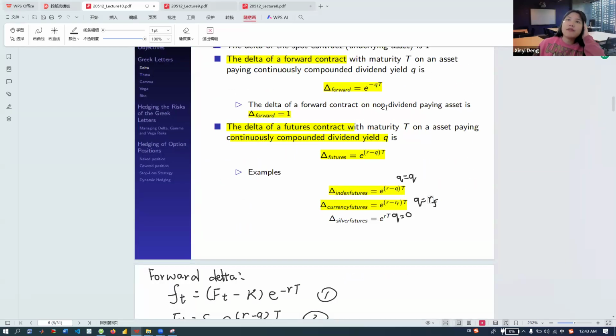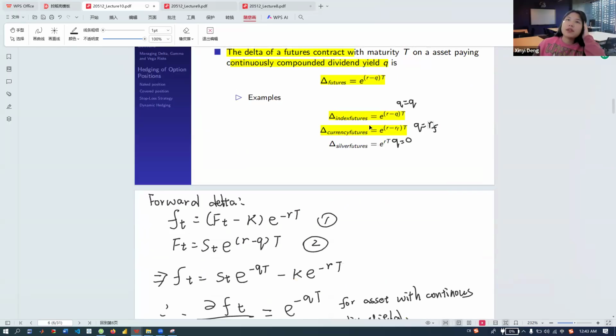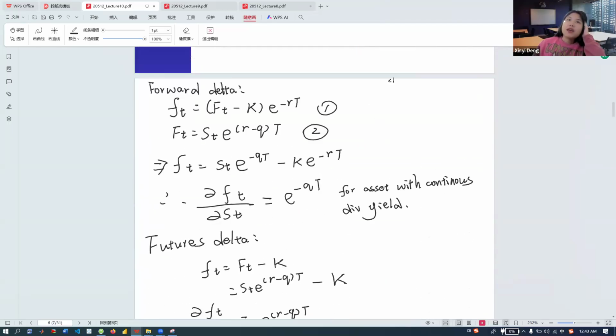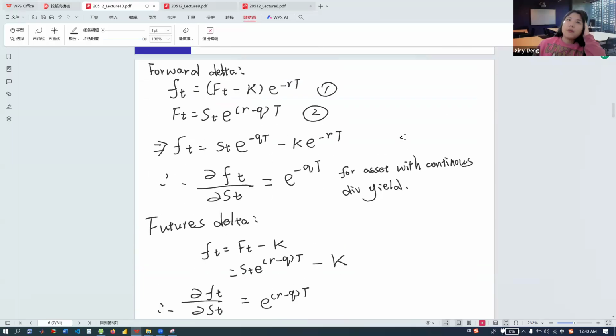Now let me derive the delta of forwards and the delta of futures respectively. For the delta of forward contracts, we are deriving it based on the value of the contract. Remember that previously we used small f_t to denote the value of the forward contract.